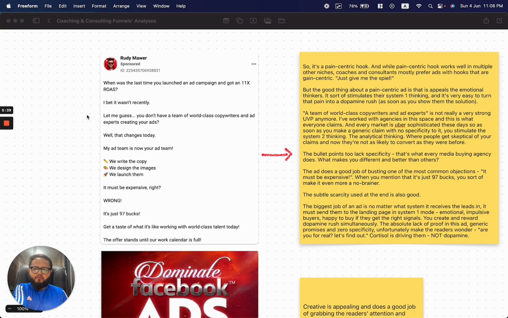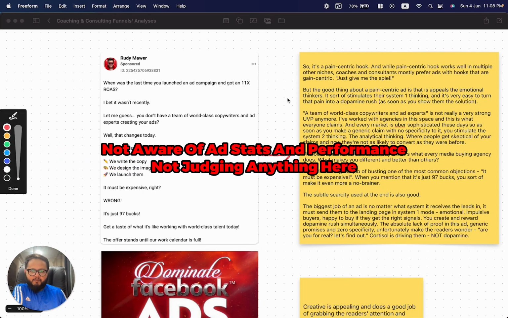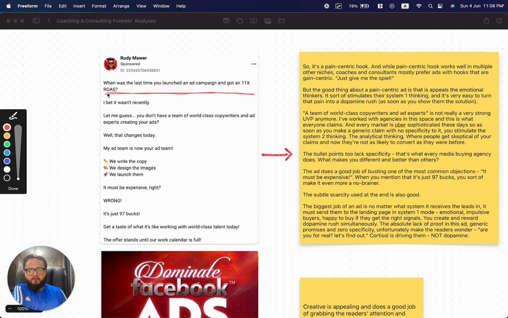So here's my analysis of the copy. Let's first start with the hook. If it's a YouTube ad, what matters most is the first 4 seconds. If it's a Facebook ad, what matters most is the first sentence or a couple of sentences after that, because that's the hook.